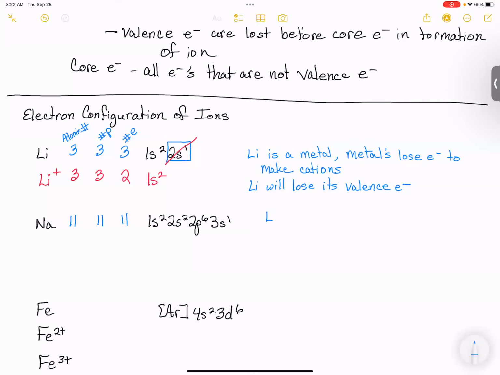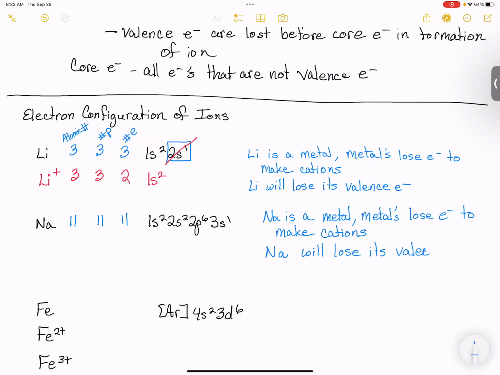Again, the thing to note, sodium is a metal. Metals lose electrons to make cations. Sodium will lose its valence electrons in the formation of the cation.